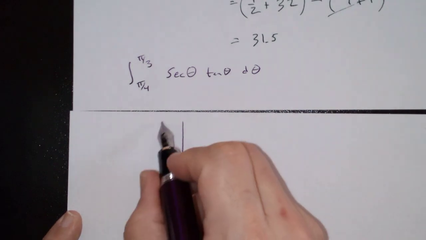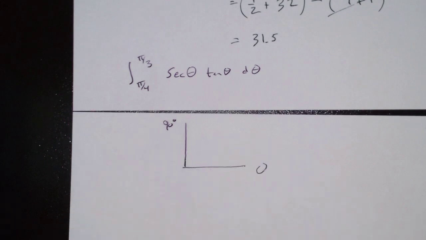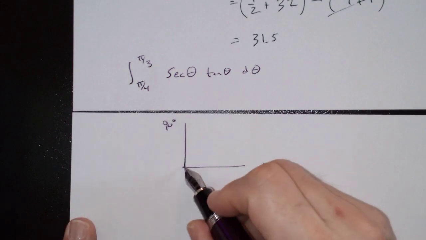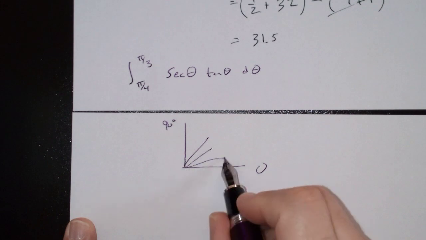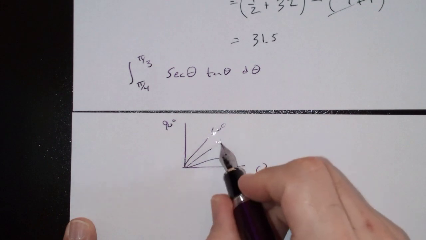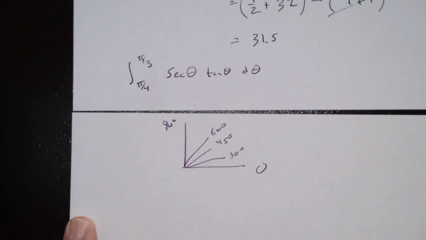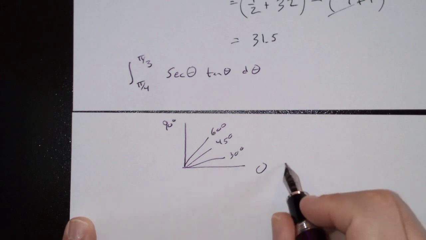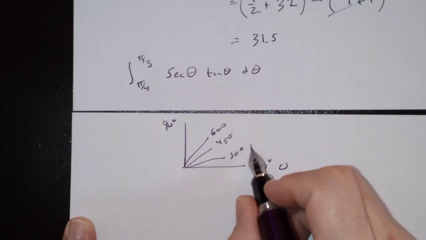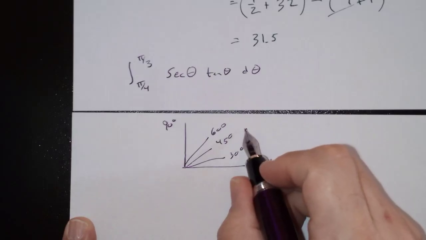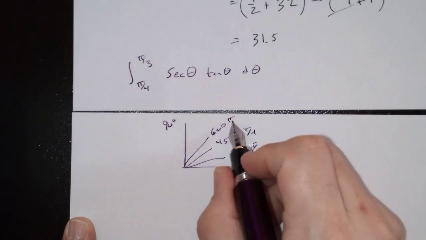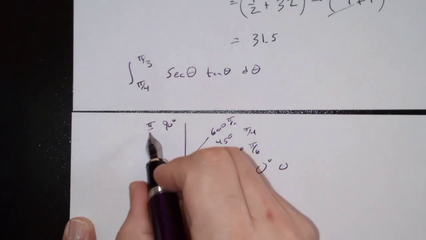Well, that's 0 and 90 degrees. You've got 3 fingers in the middle. So that'll be 60 degrees, 45 degrees, and 30 degrees. But I'm evil. I like radians. In radians, that's 0 radians, pi over 6, pi over 4, pi over 3, and pi over 2.